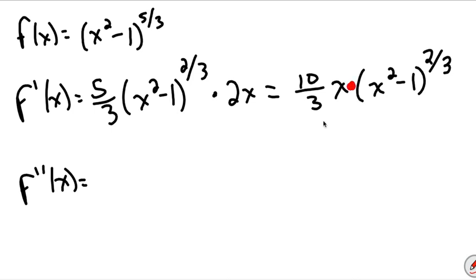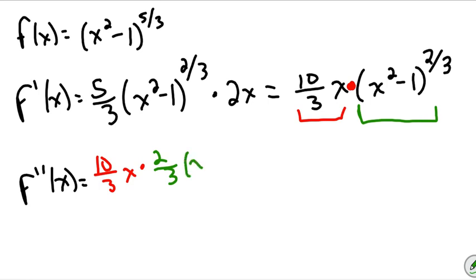This is going to be my first function, and this is going to be my second function. So we're going to do first, 10 over 3x times the derivative of the second. So that's basically what we just did. So 2/3 times the inside, minus 1 now is negative 1/3.